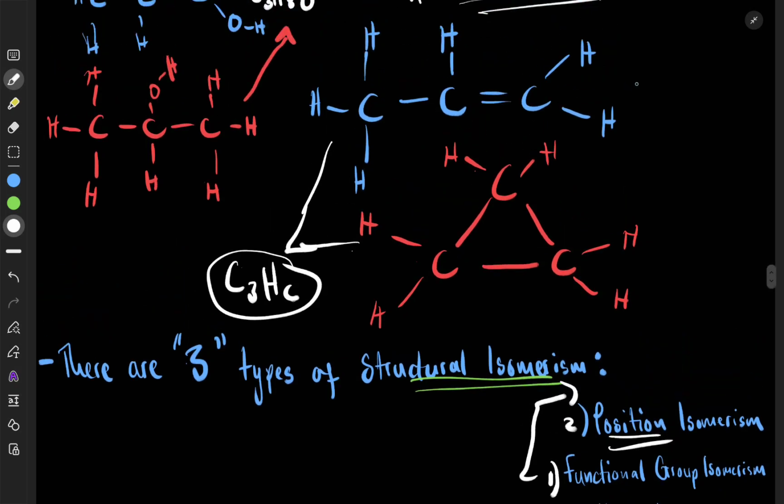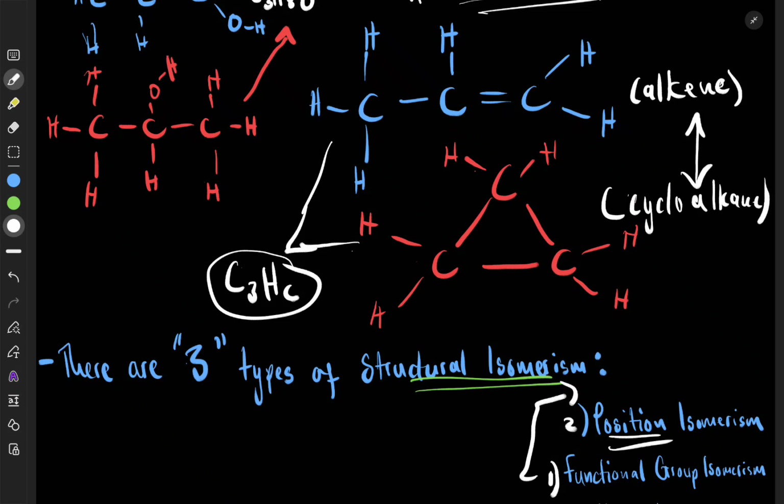Just like here, this is an alkene, okay? And here we have a cyclic alkane, so we call it a cycloalkane. So this is a cycloalkane, and the other is an alkene. These two have the same molecular formula.